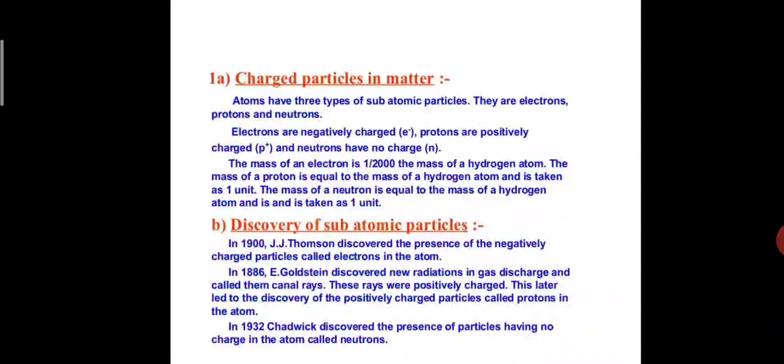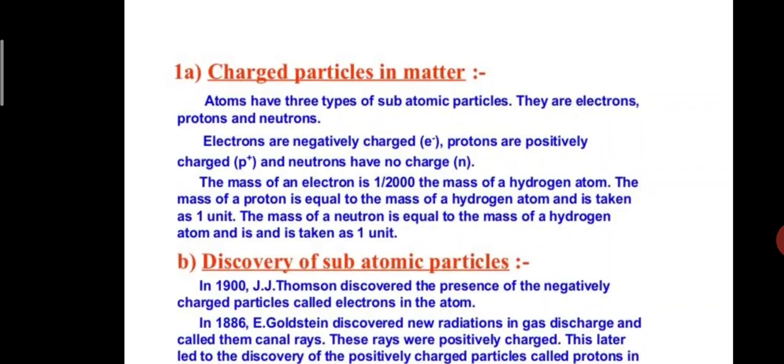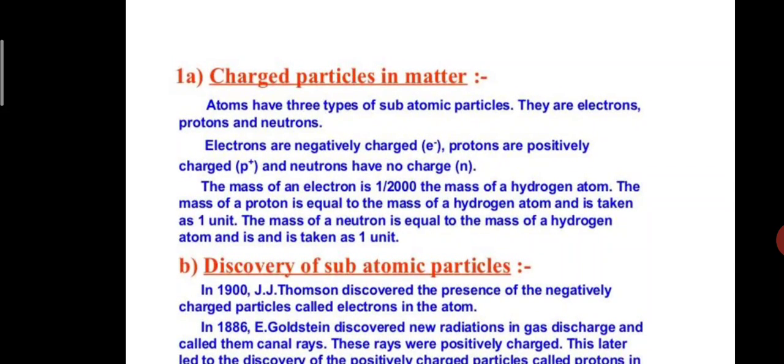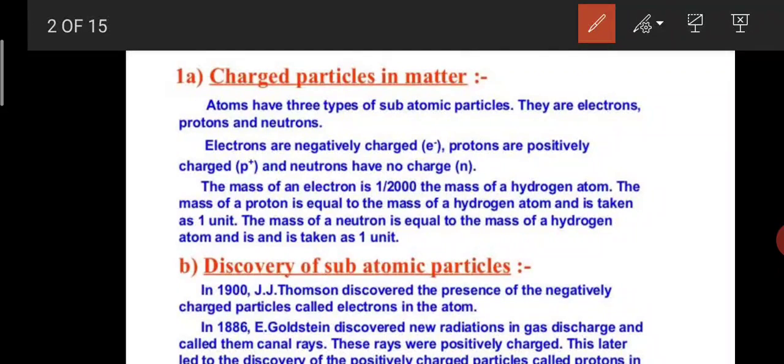Students, in the previous video we discussed the charged particles in matter. There are three types of subatomic particles. What are these? Electron, proton and neutron. Electrons are negatively charged and were discovered by J.J. Thomson.